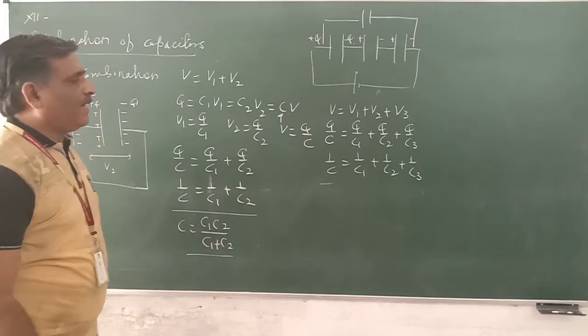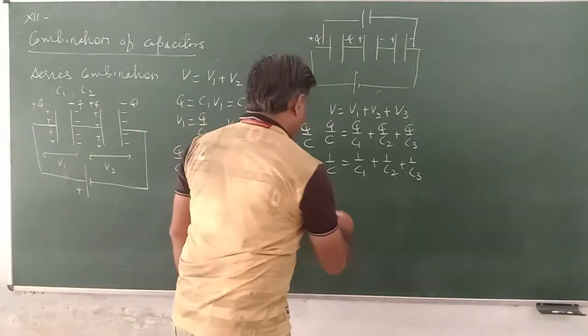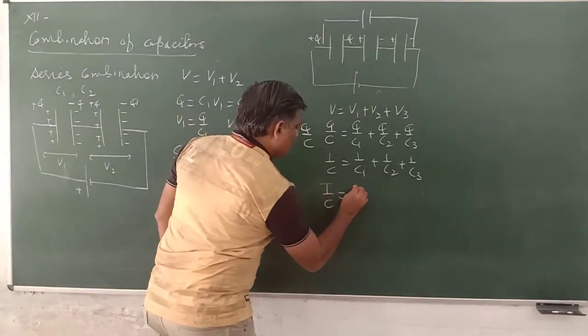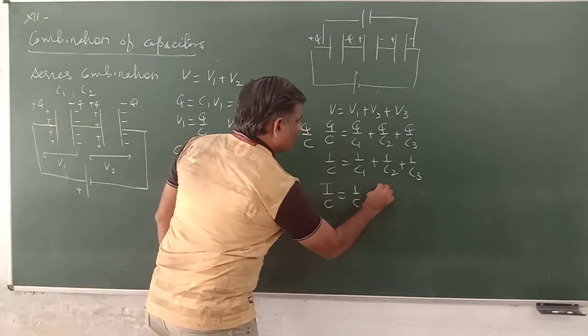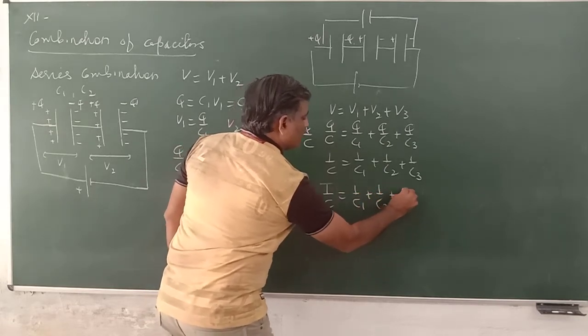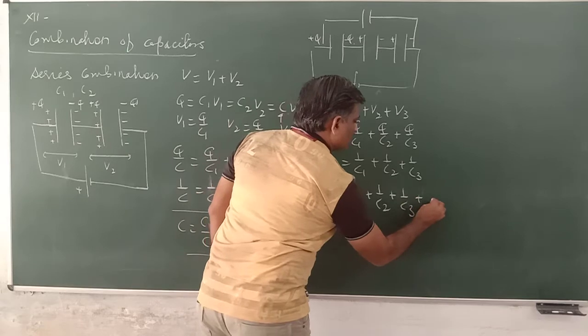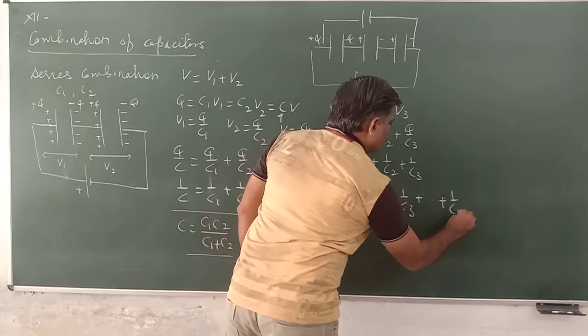So on, if n capacitors are connected, then 1/C = 1/C1 + 1/C2 + 1/C3 + so on + 1/Cn.